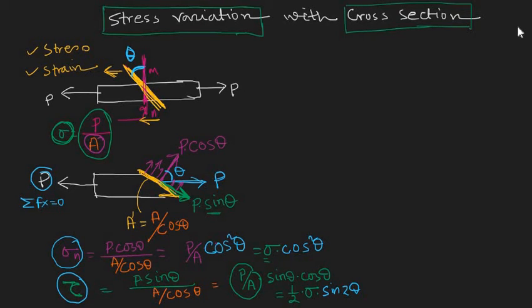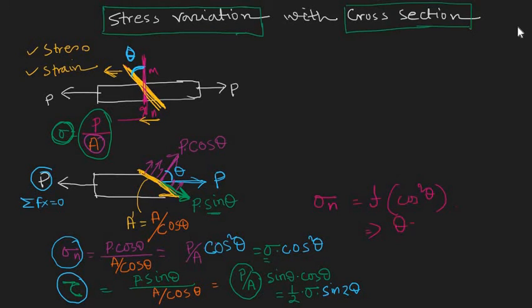Now let's analyze these two equations. First one is normal stress. From this equation, sigma n is a function of cos square theta.